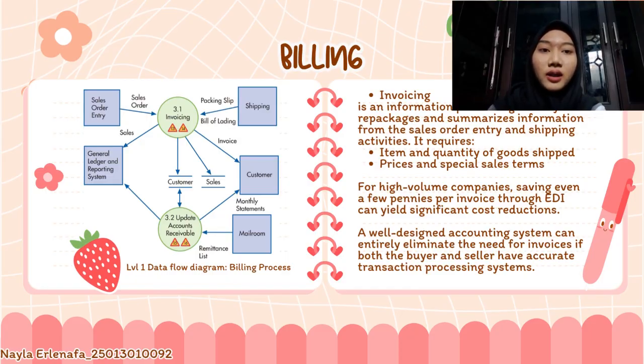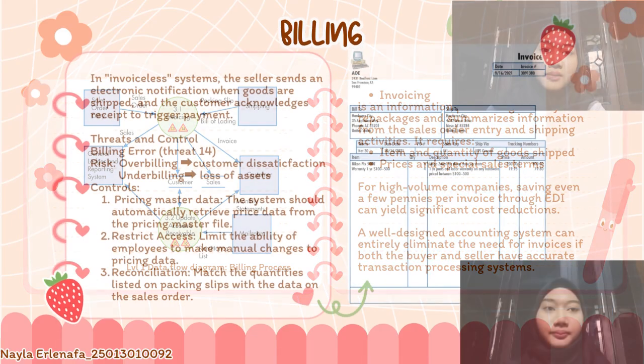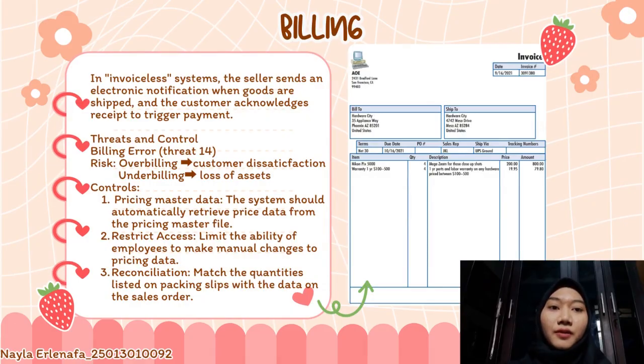A well-designed accounting system can entirely eliminate the need for invoices if both buyer and seller have accurate transaction processing systems. In fact, some sophisticated systems now use invoiceless billing, where the seller sends an electronic notification when goods are shipped and the customer acknowledges receipt to trigger payment.